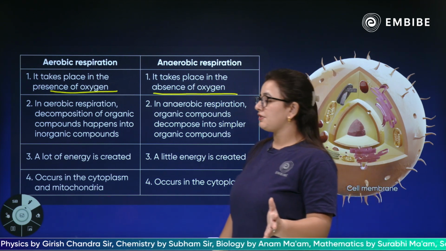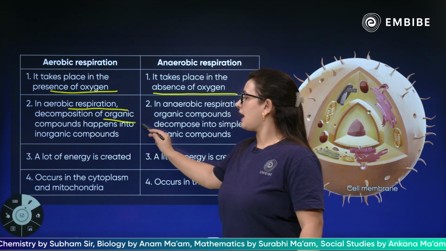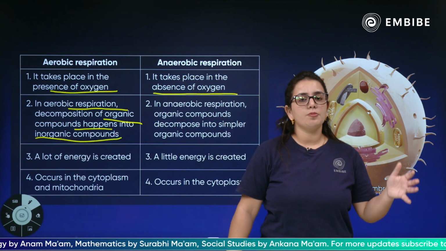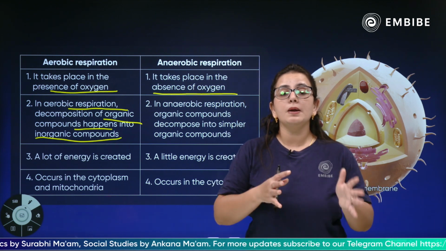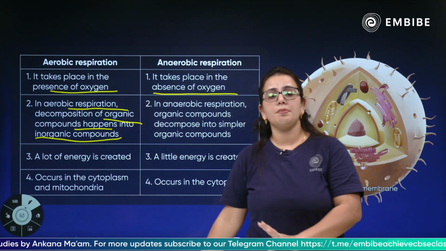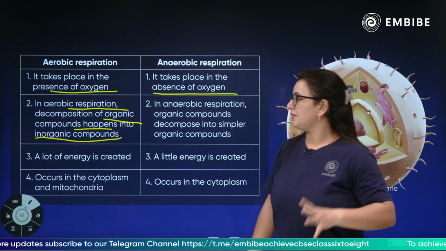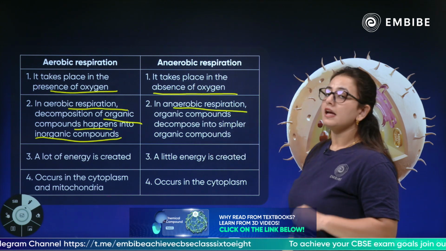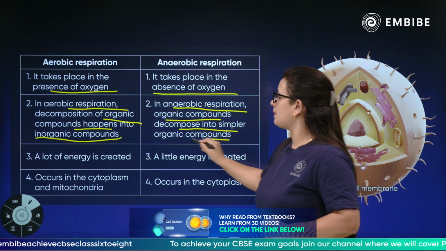What is the further difference between both of them? In aerobic respiration, organic compounds decompose into inorganic compounds. The glucose molecule, which is an organic compound, will break down into CO2, H2O and ATP, which are called inorganic compounds. That is what takes place in aerobic respiration. On the other hand, in anaerobic respiration, children, the organic compounds decompose into simpler organic compounds only.